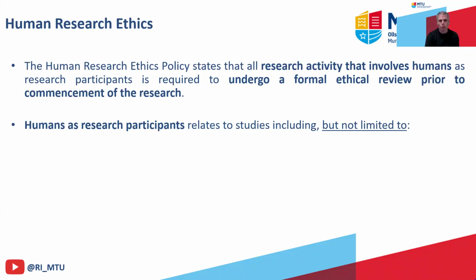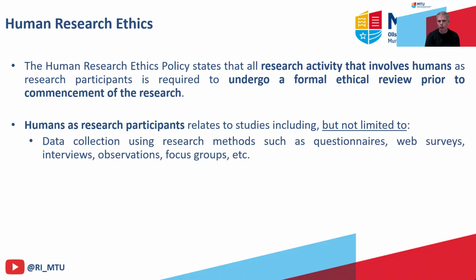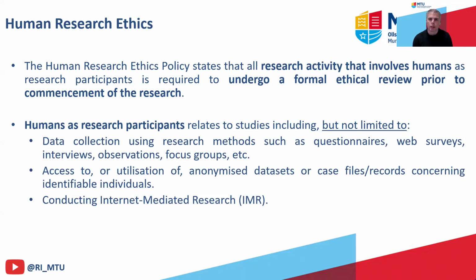As an example of what is research that involves human participants, and this is not an exhaustive list. Those who have attended previous training sessions with me will know that I'm cautious when giving lists, because people may think a list is definite, when there can always be other options. I don't want it seen as an actual checklist, but it's nonetheless good to have examples.